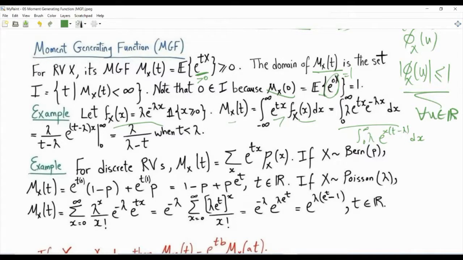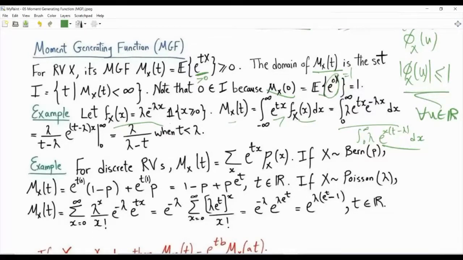What if t is greater than lambda? Then this is a growing exponential, and the integral will also be plus infinity. So for the moment generating function to be finite, you need t to be strictly less than the parameter lambda of the exponential random variable.